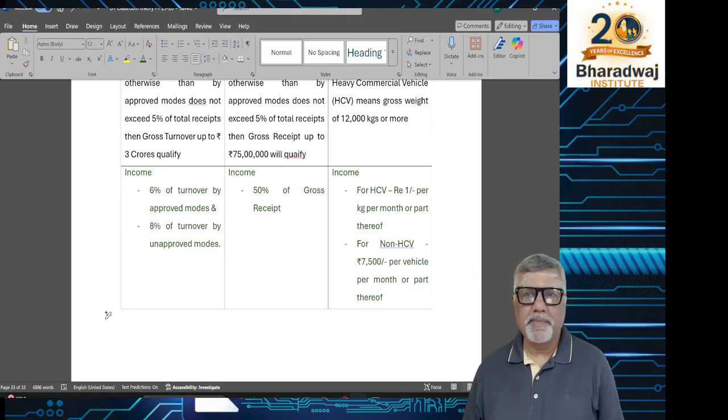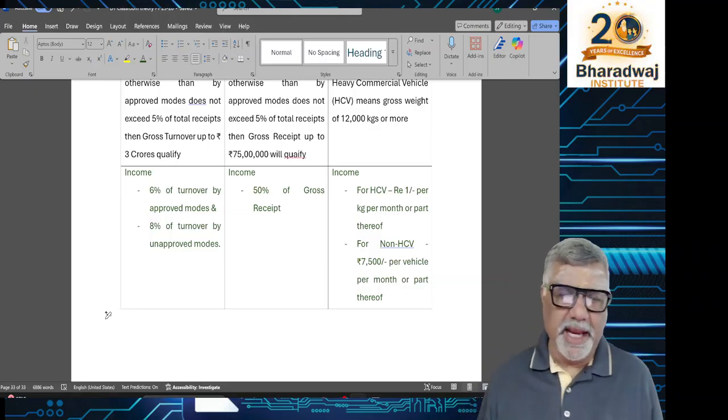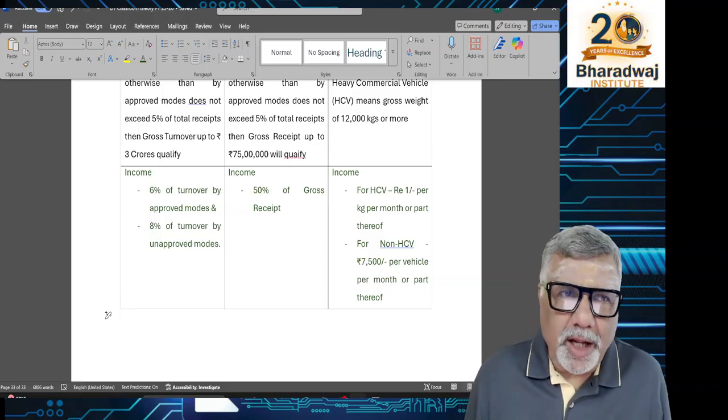Can I, friends? So this is my income computation under presumptive.